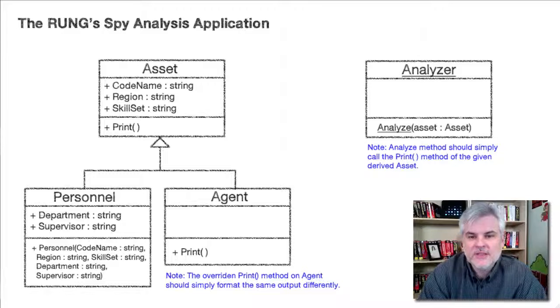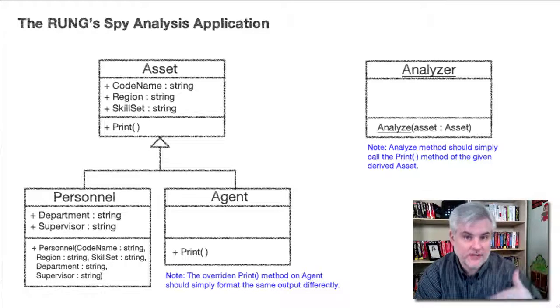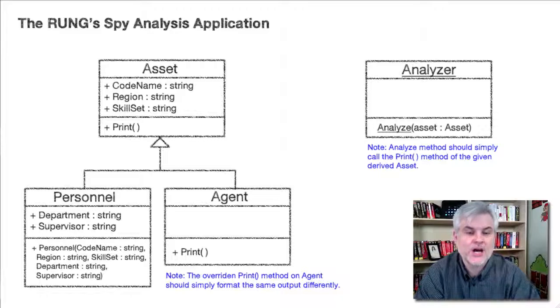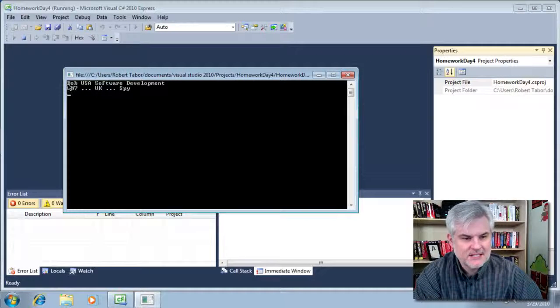And the only thing that the analyze method will do in its body is call the print method of the asset. So it'll either call the base class's implementation, or in the case of the agent, it'll call the agent's implementation of the print method.